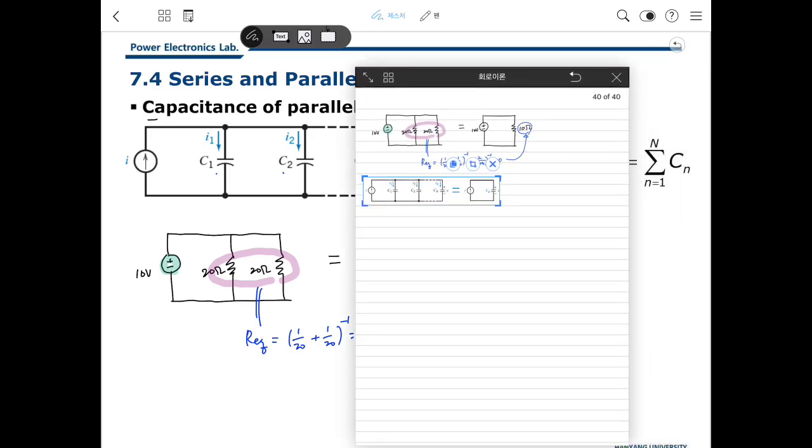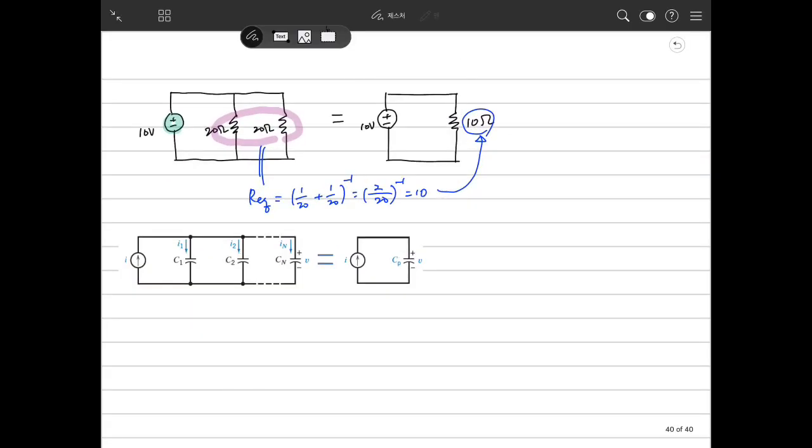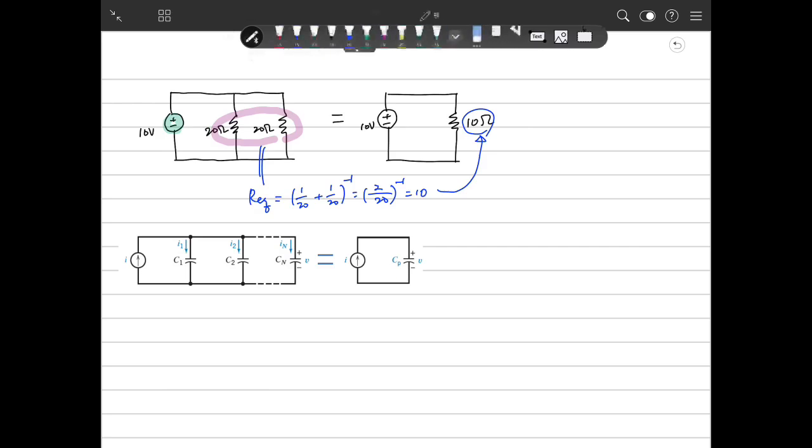And here, as you see, what is the same with these, excuse me, this and this.